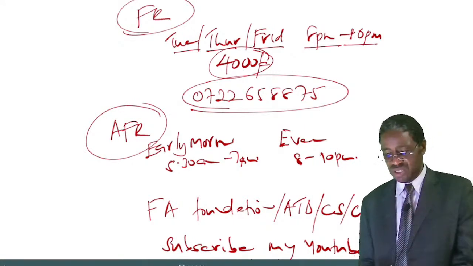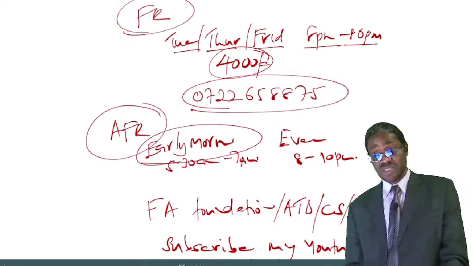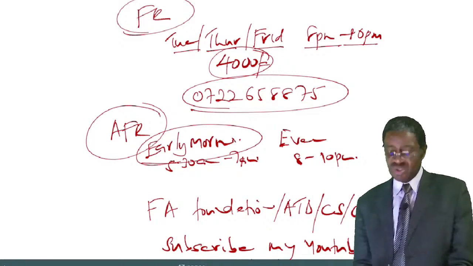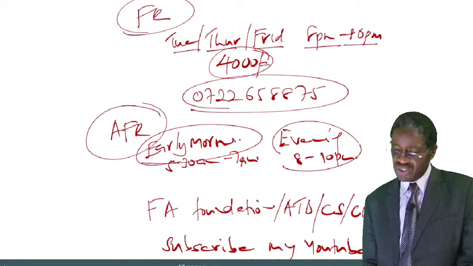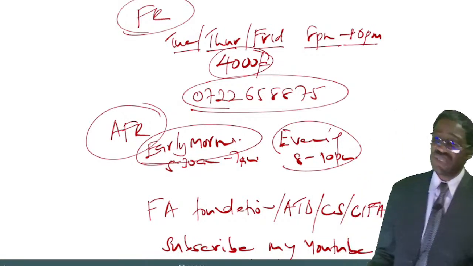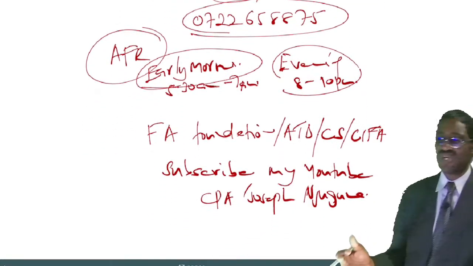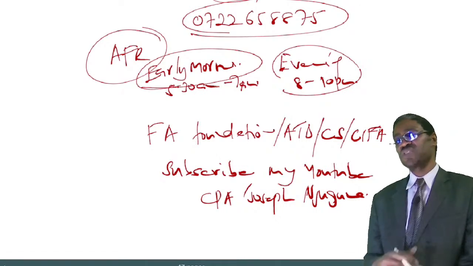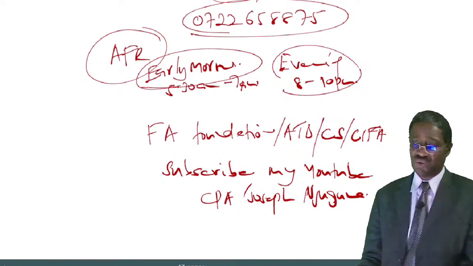We have early morning classes, which start from 5:30 to 7, and evening classes, which start from 8 to 10. Then I've talked about financial accounting of the foundation level, ATD level, CIFA, and so on.